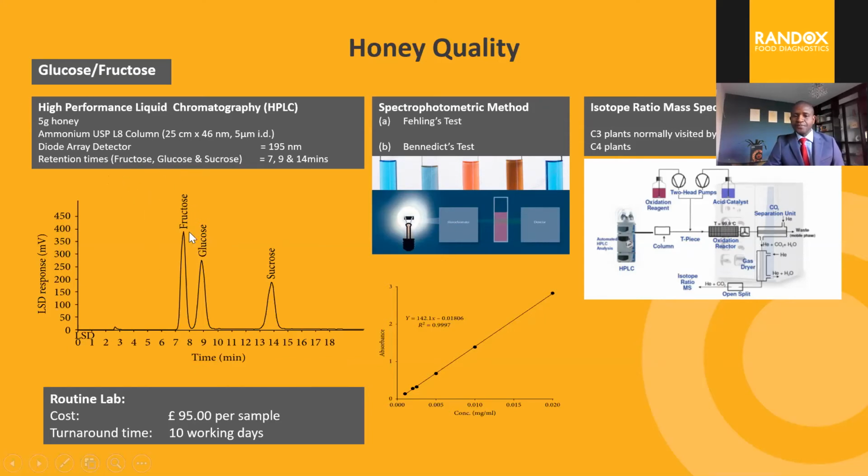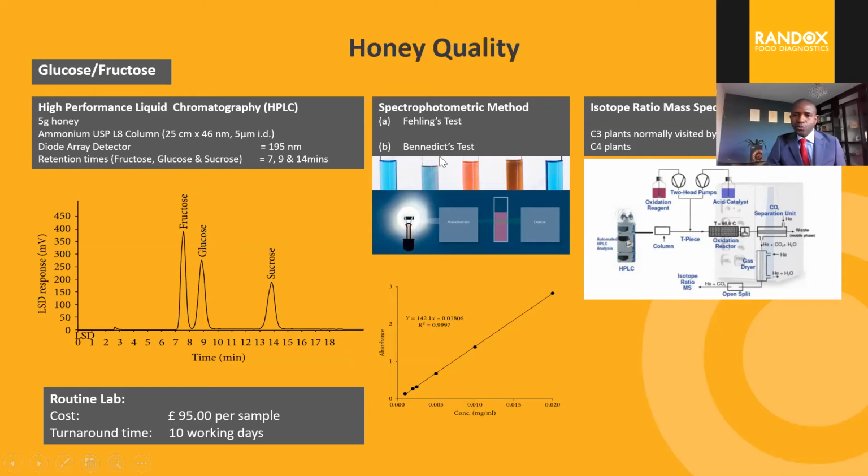To set up this type of analysis, you really need some level of infrastructure in your lab to be able to run this. And of course, it comes with quite a running expense. If you send this to a lab, testing honey for glucose will cost you 95 pounds.